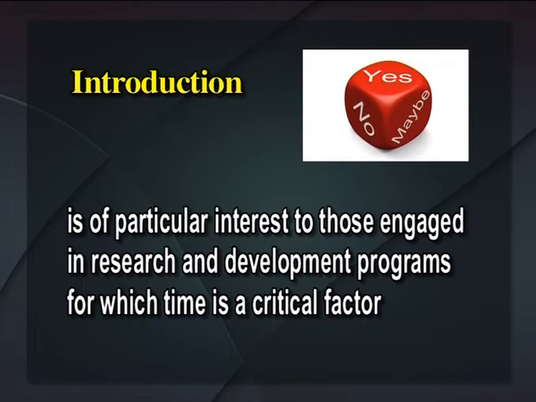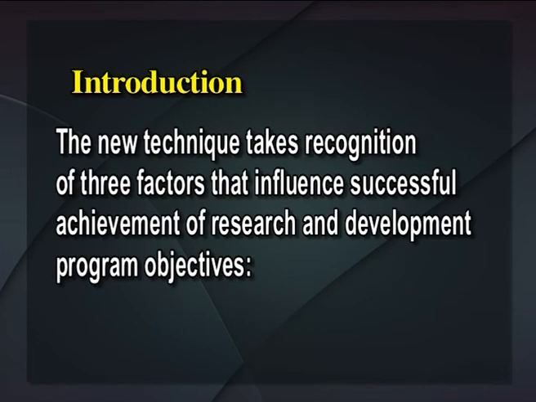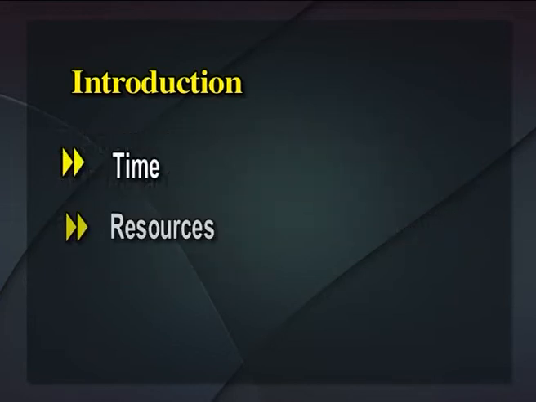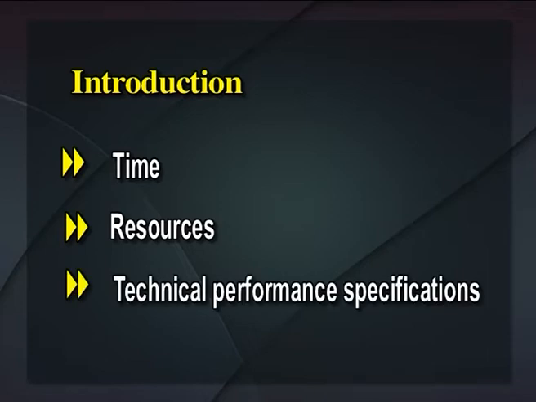The new technique takes recognition of three factors that influence successful achievement of research and development program objectives, that is time, resources, and technical performance specifications. PERT employs time as the variable that reflects planned resource applications and performance specifications.